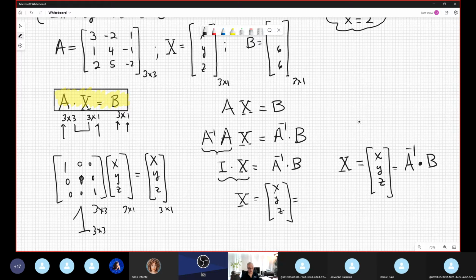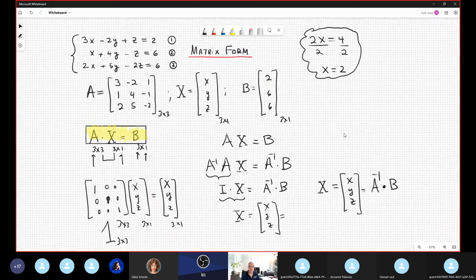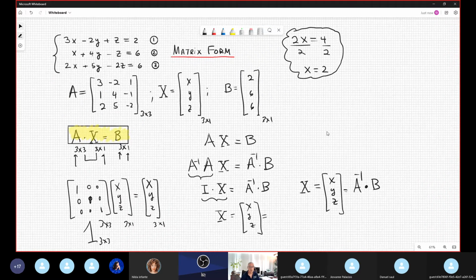Doing it by hand, I propose to you doing it in this example. Let's come back to algebra, erase everything, start at the beginning, define your matrix A, define your matrix B, and perform this operation.